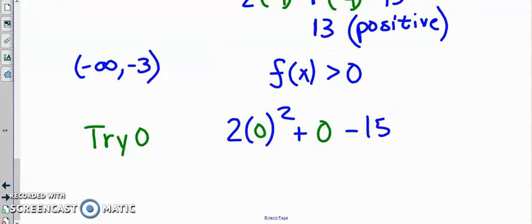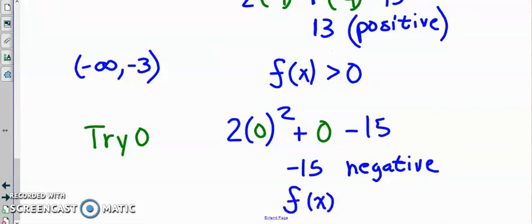If we substitute that into the function, we get -15, which is negative. That's not what we need, because we need where f of x is greater than 0. This is where f of x is less than 0, so we don't need that one.